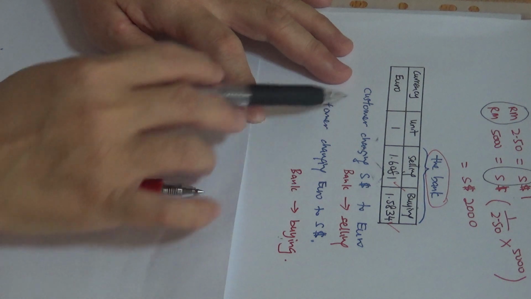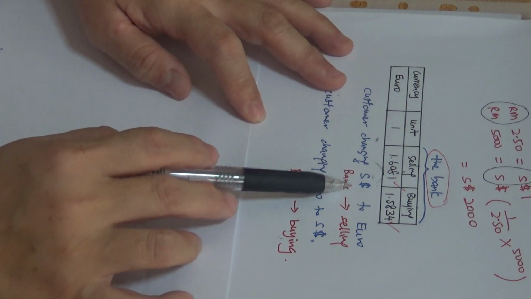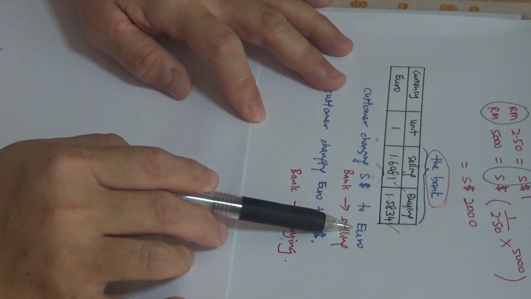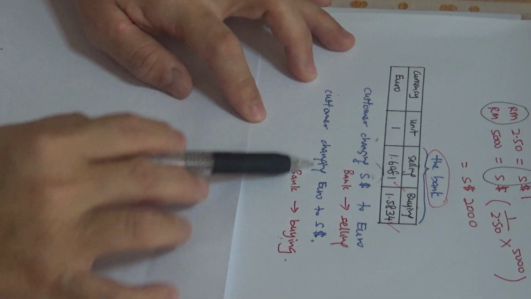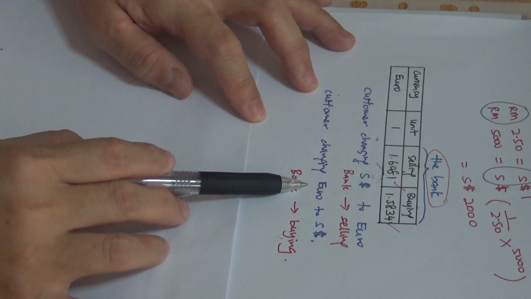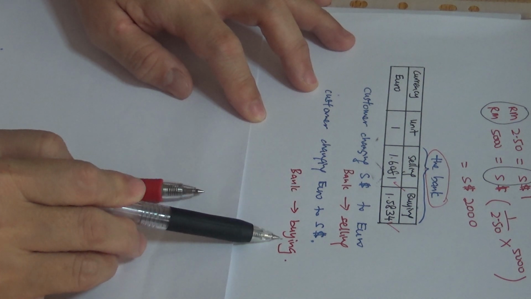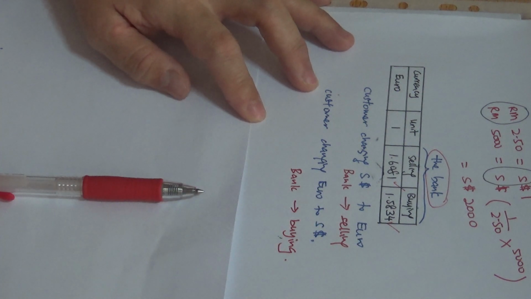Or one way you can say it: the customer changing Singapore dollar to euro is buying euro, so the bank is selling euro. If the customer is changing euro to Singapore dollars, the customer is selling euro, the bank is buying euro. This table refers to the bank, not the customer.